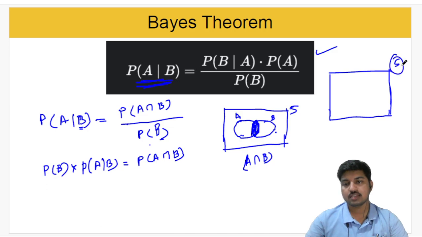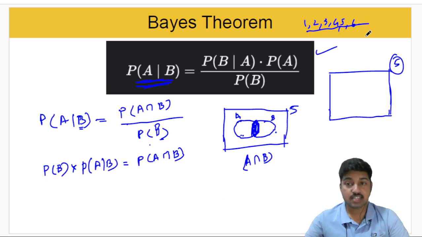You know what the sample space for rolling a die is: 1, 2, 3, 4, 5, 6. And the 6 is the cardinality of that sample space. What is the cardinality of a set? You can search on the internet.